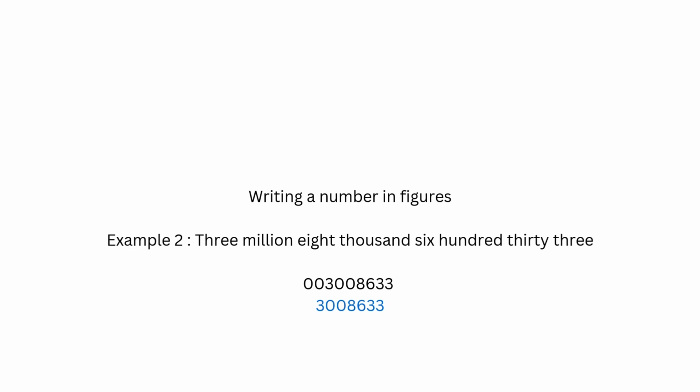So now let us write from words to figures. Here we have 3 million, 80,000, 633. How do we write this in figures? It is not very different from writing from figures to words.